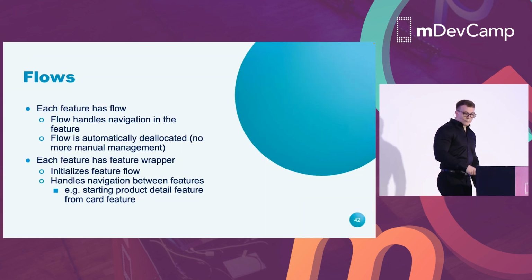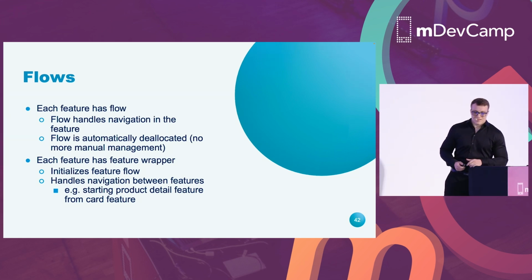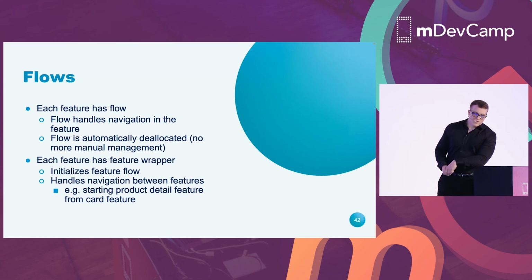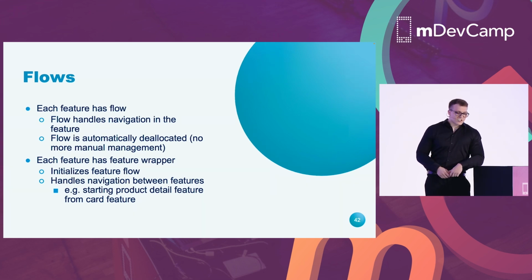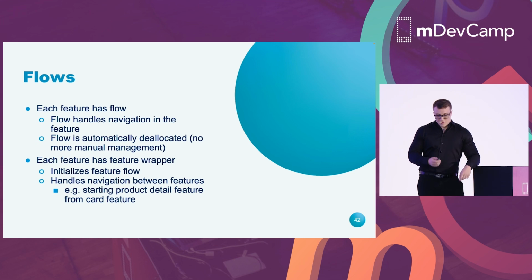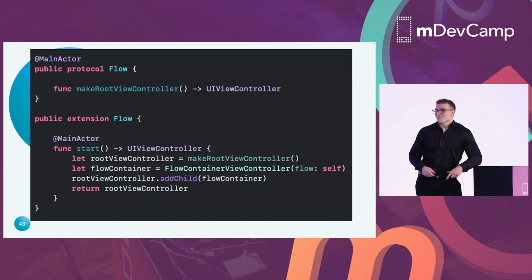Now, redesigned flows. Each feature has a flow. The flow handles navigation in the feature, and the feature wrapper handles the flow and navigation outside the feature. So starting the product detail feature from the card feature, for example, totally different features, but they have to be linked somehow. Again, code is better.